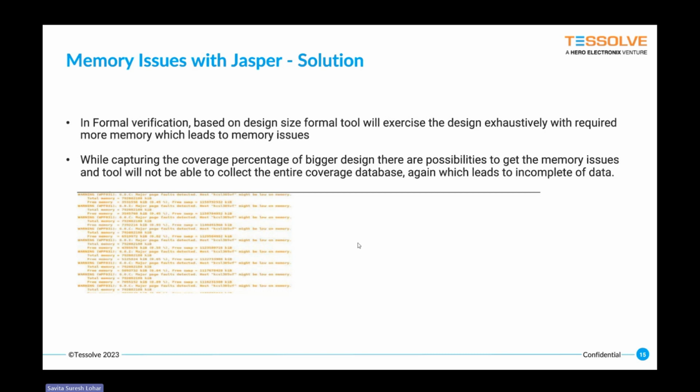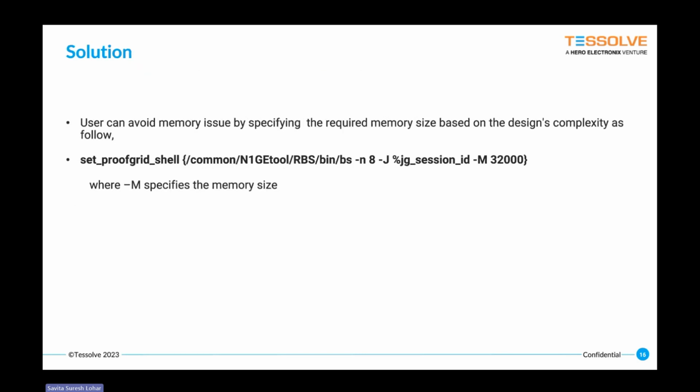So before capturing the coverage, better make sure that we are specifying the proper memory size. The user can avoid the memory issues by specifying the required memory size based on the design complexity as follows. This is the set_proc_grid shell command.